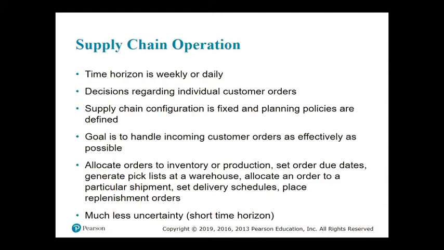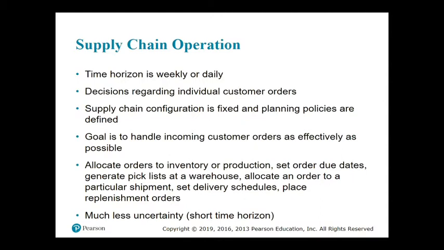Some of the examples are how do we allocate inventory or production to individual orders? So whose demand to satisfy first when there is not sufficient inventory? And set a date by which orders need to be fulfilled.